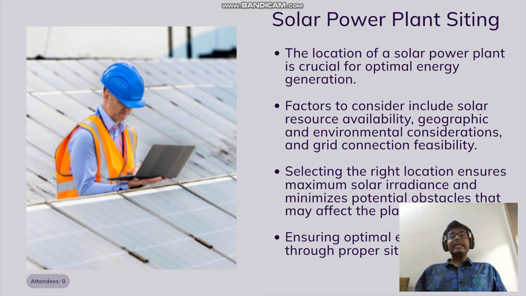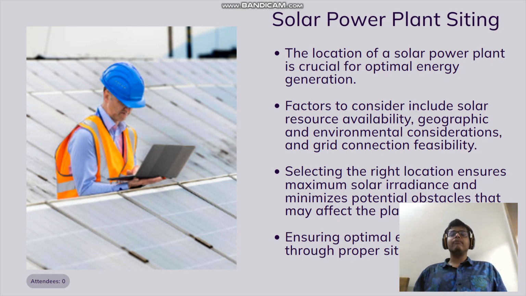Now, we must take into consideration the solar power plant siting. We cannot set up a solar power plant at any place. The location of the solar power plant is very important. We can't set the solar power plant in Antarctica where for 6 months we have night. Factors that we need to take into consideration while setting up the solar power plant include geographical location. At the equator, we get more of the sun's energy than at the poles.